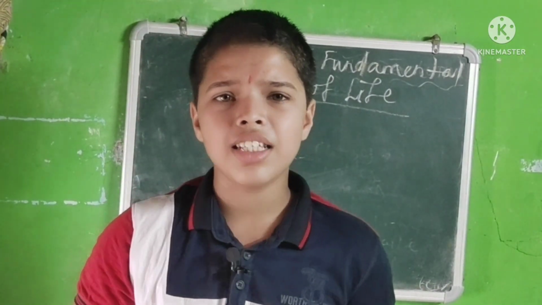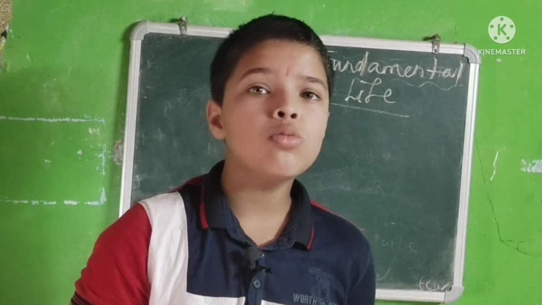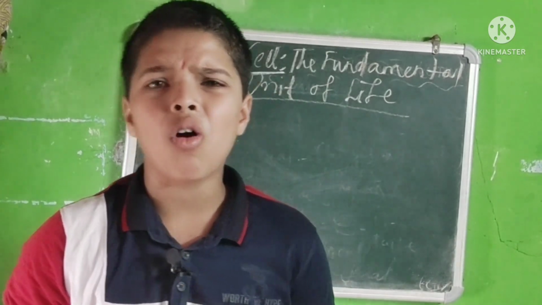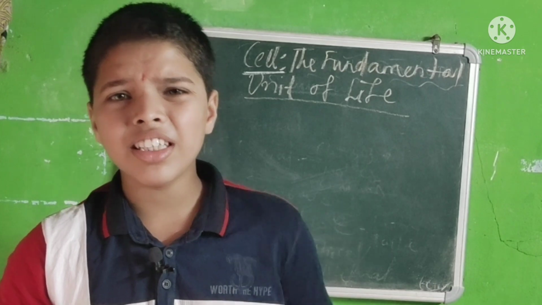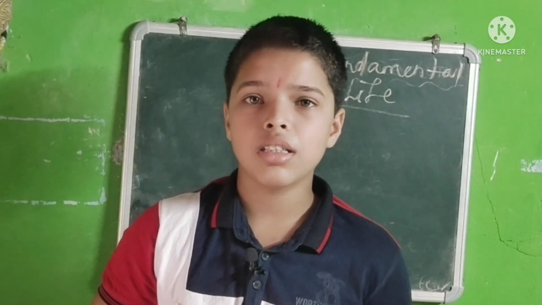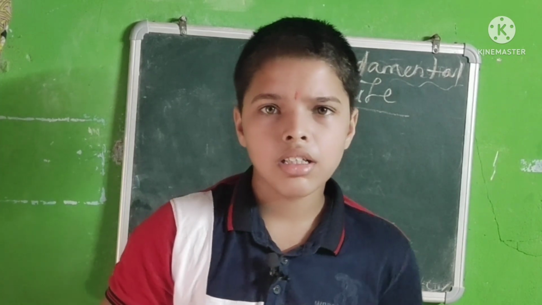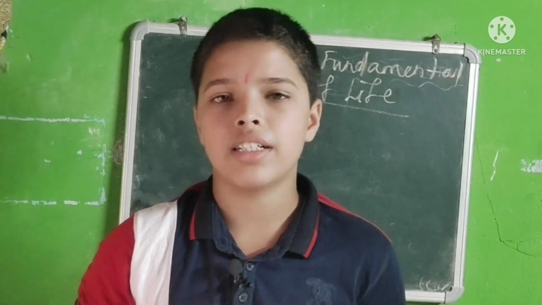You might have known about cells in class 8, what cells are made up of, by whom they were discovered, and the other experiments related to cells and what they contain. But today we will be discussing some of the basics and some of the unknown facts about cells.